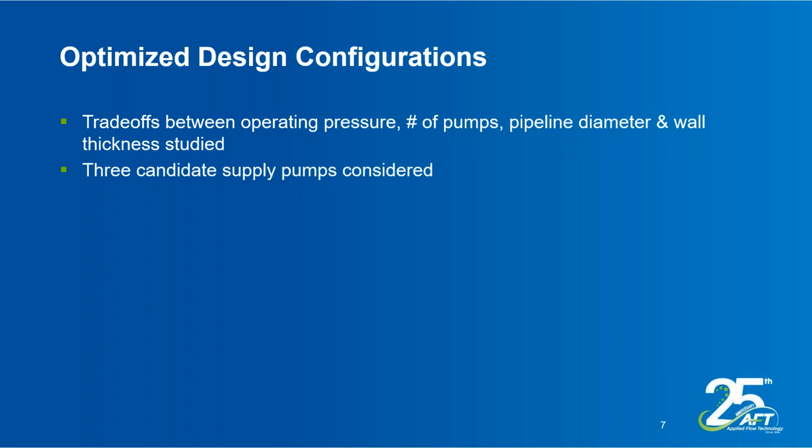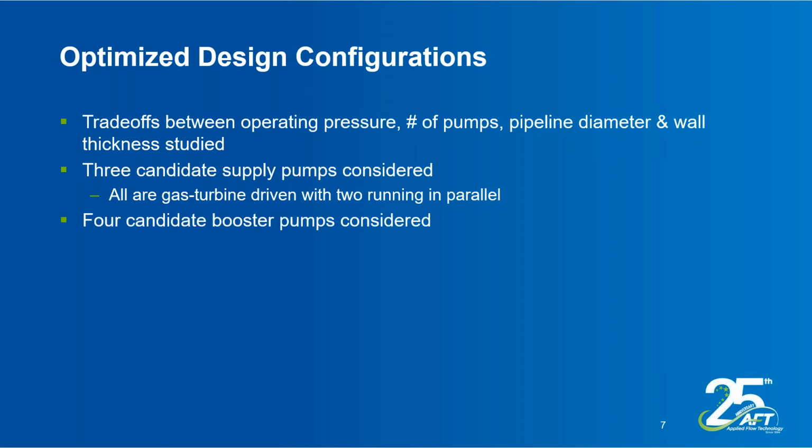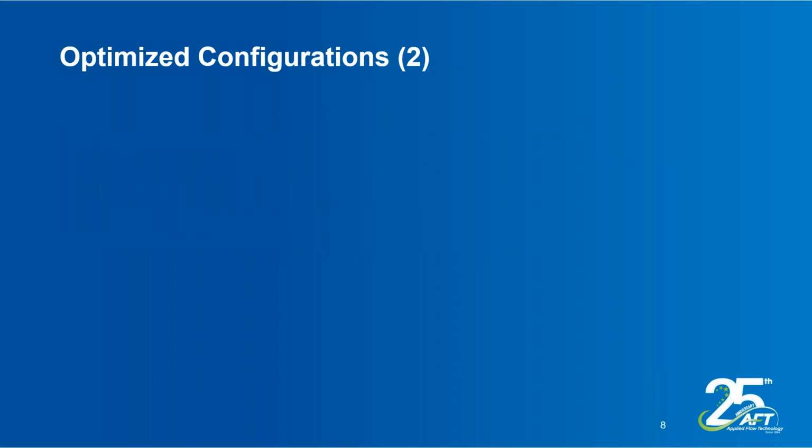So in terms of the pumps that they're looking at, when they were sizing the pipeline, they were looking at 3 different types of pumps for the supply, and all of them were going to be gas turbine driven, with 2 of them operating in parallel. And then they were looking at 4 different types of pumps for the booster pumps, and again, 2 of them would operate in parallel, 1 would be spare.